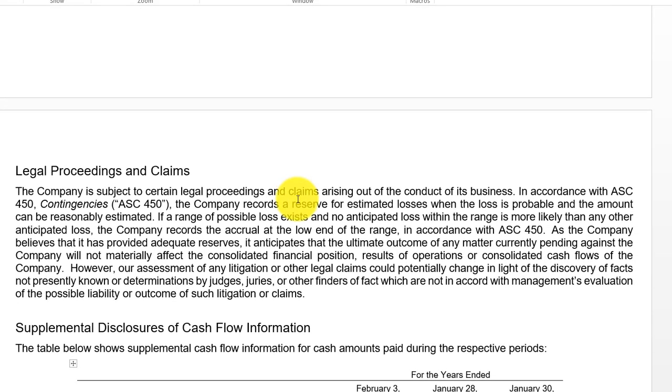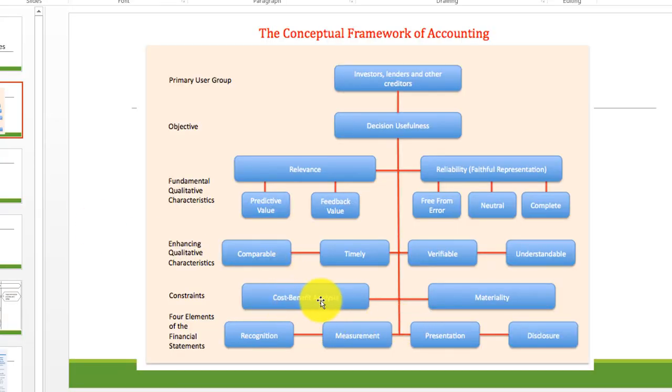Legal proceedings. Notice down here that the outcomes of matters pending against the company are not material. That means that they have determined, applying cost benefit analysis and materiality, that it wasn't going to be a big enough number to make a difference. That's what materiality means.